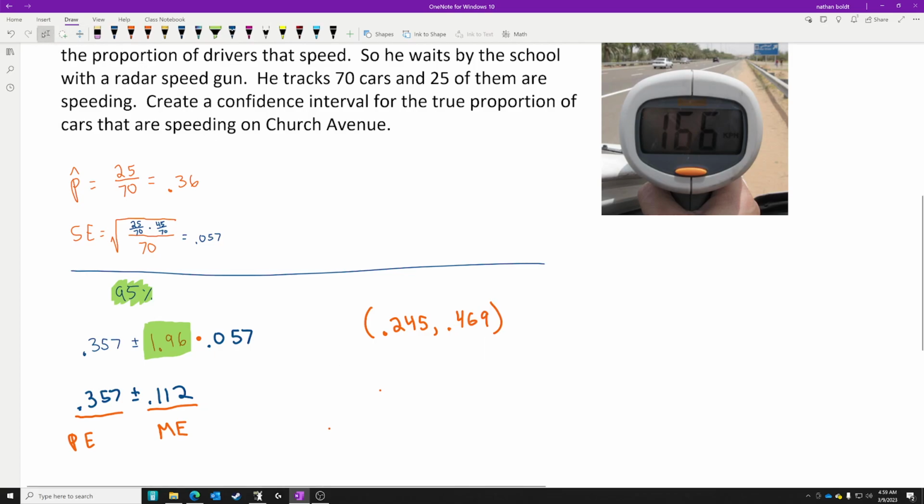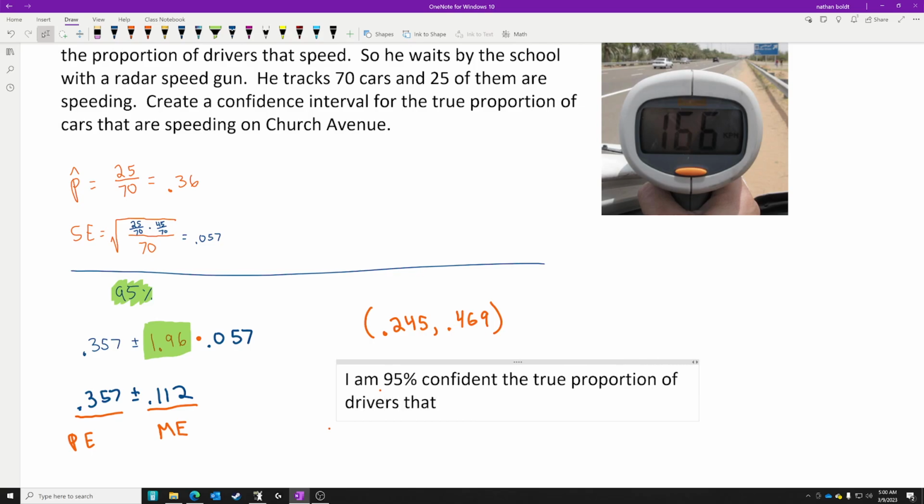I can now write a sentence here that says I am 95% confident the true proportion of drivers that are speeding on Church Avenue is between, all right, 24.5% and 46.9%. There we go.